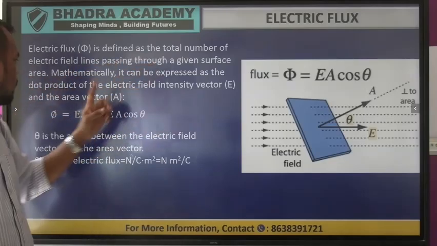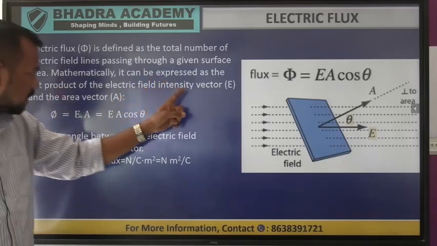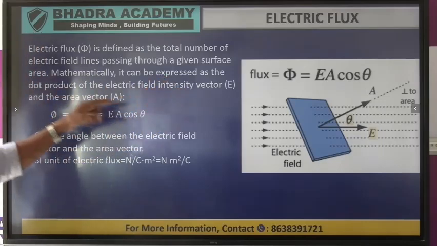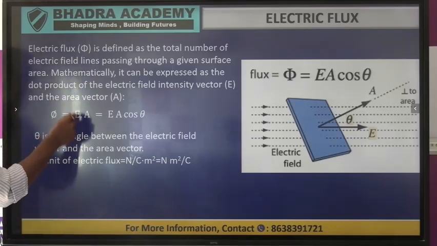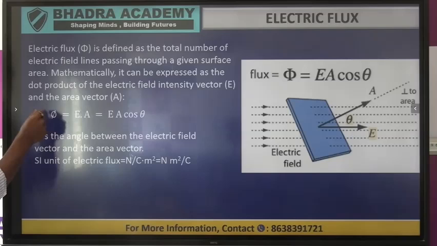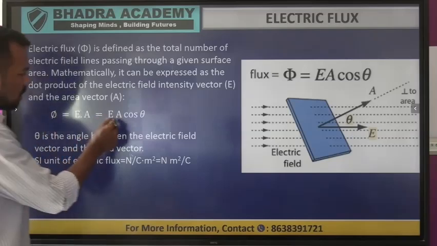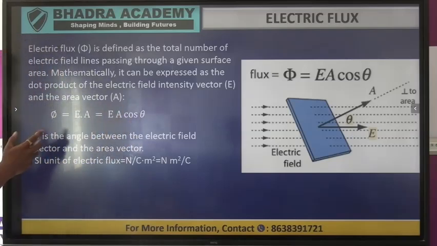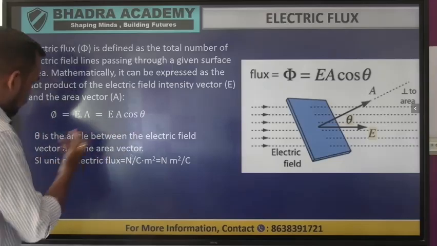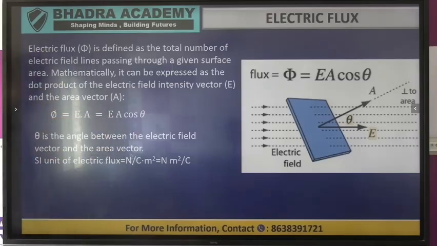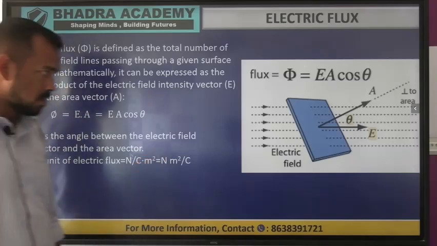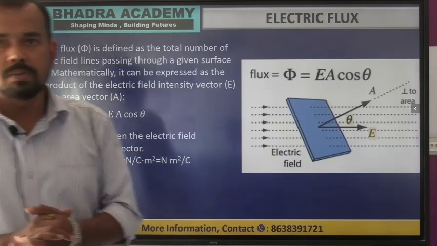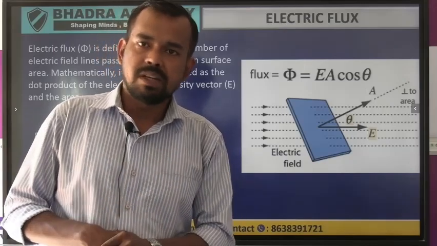Mathematically it can be expressed as the dot product of the electric field intensity vector and the area vector, denoted by phi, that is phi equals EA cos theta, where theta is the angle between the electric field and the area vector. The SI unit is Newton meter square per coulomb, which is the unit of electric flux.